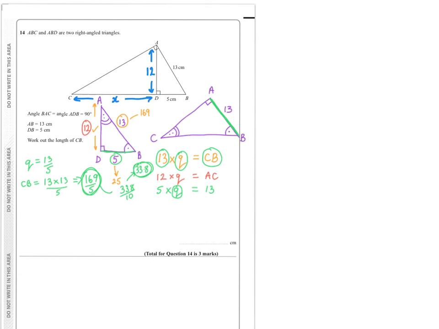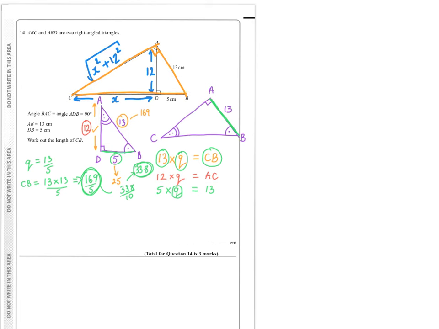So you could find this length here, which is x squared plus 12 squared square rooted. So let's just look at that for the moment, and then look at this large right angled triangle, and then use Pythagoras again.